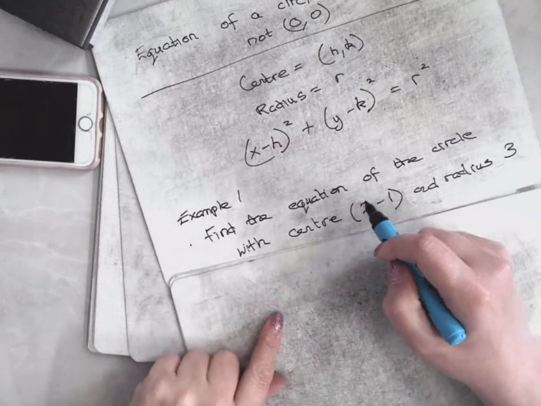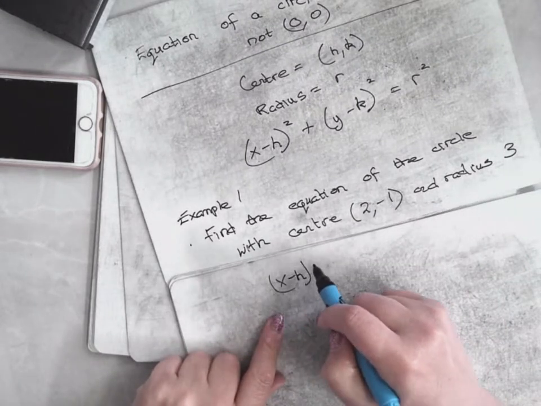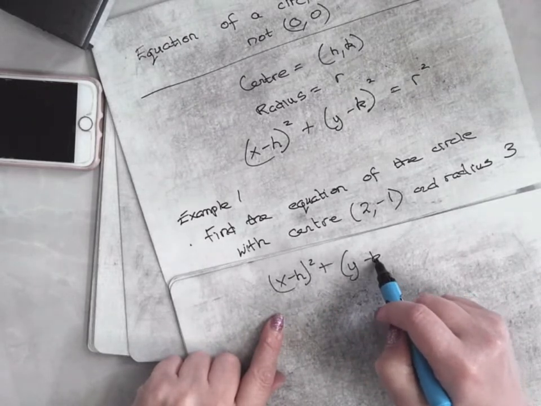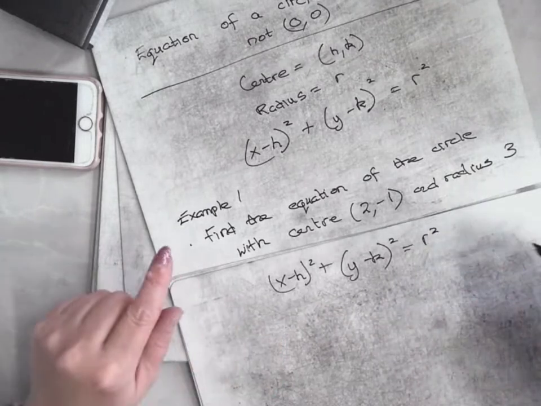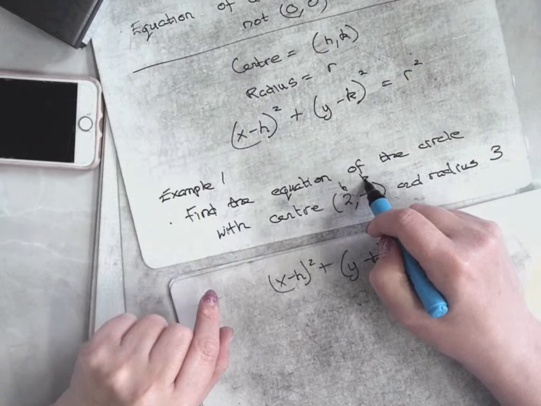So the formula is (x minus h) squared plus (y minus k) squared equals r squared. We call this h and we call this k.